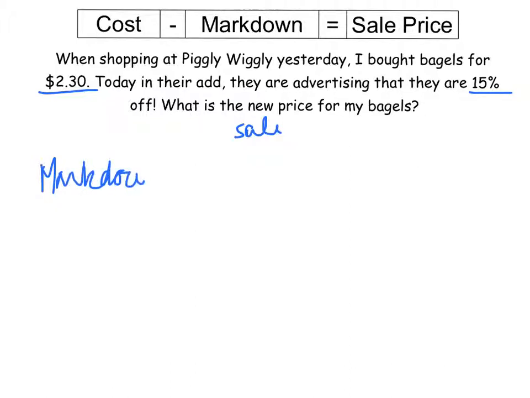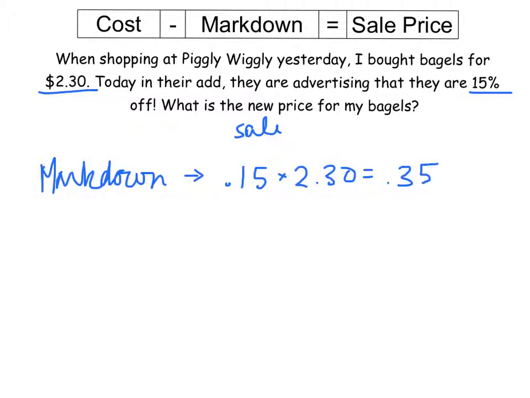I like to see how much that is first. And remember, markdown is our percent equation. So we take our percent in decimal form, 0.15, times the whole, or the beginning cost, $2.30. And that gives us 35 cents.